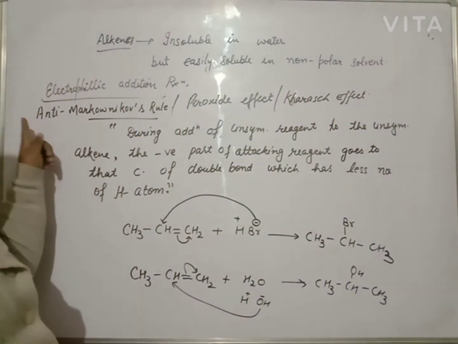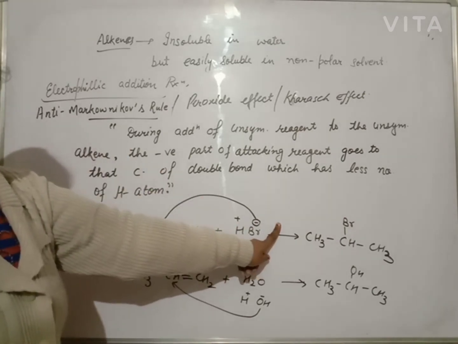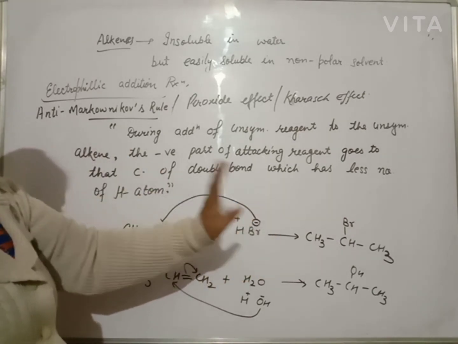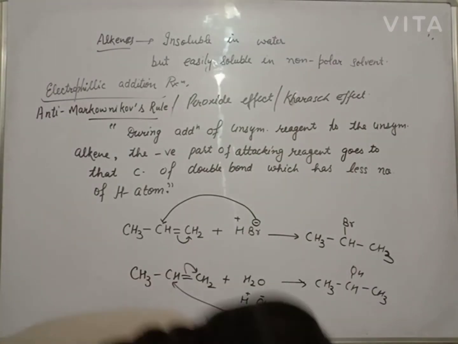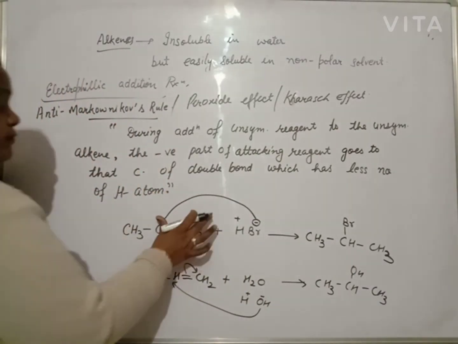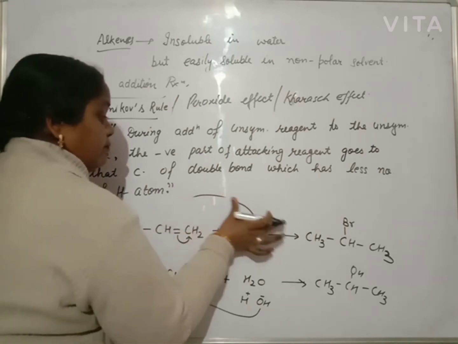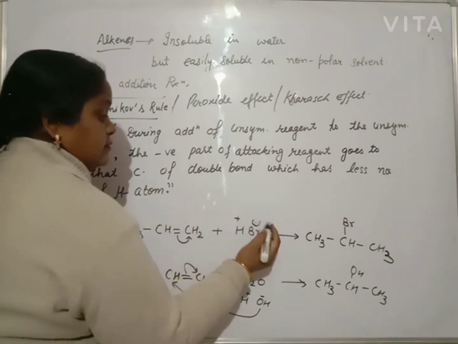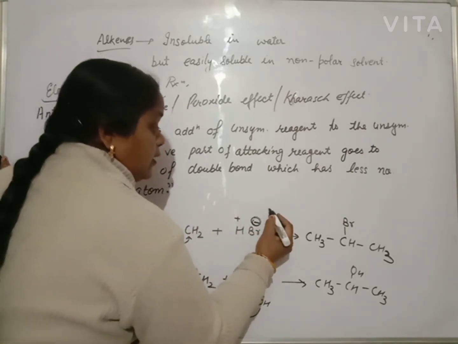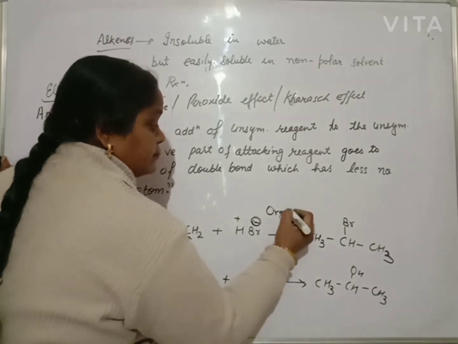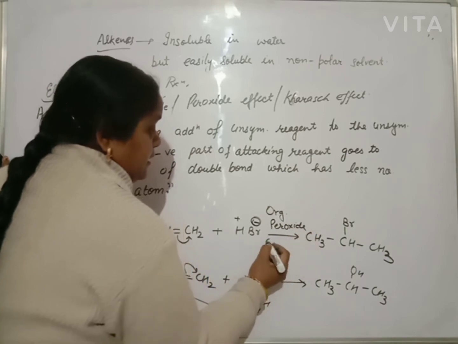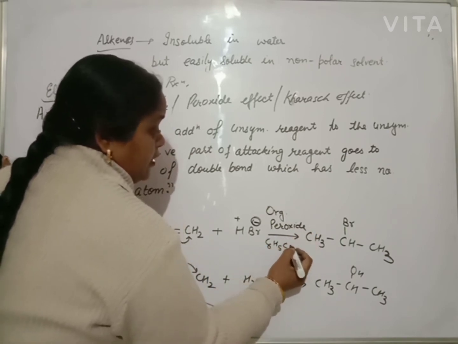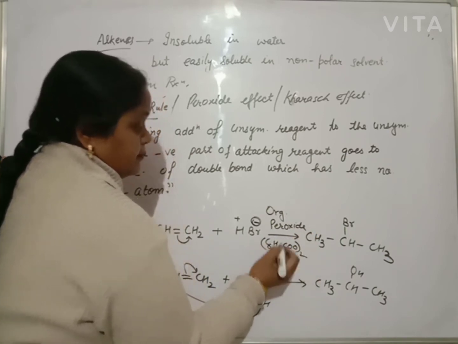Beta, Markovnikov addition may occur in acidic medium or as it is, but the anti-Markovnikov rule occurs only when peroxide is present, when organic peroxide is present. This peroxide is (C6H5COO)2. Clear?